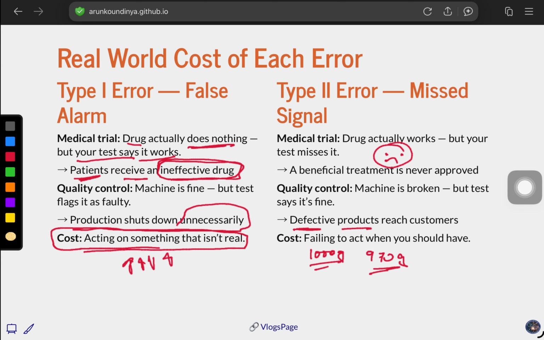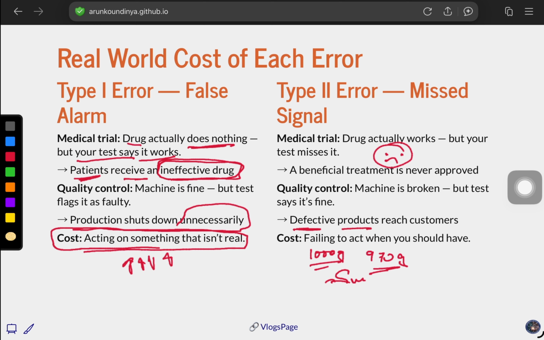What will happen if the consumer sees this difference? Then he will say that the company is doing this fraud, so we have to find that company, and there is every chance that the court or the government can sue us for this fraud, even though there is no fraud, but we have missed a signal. So there is a cost for everything.